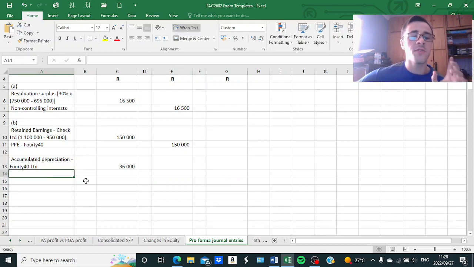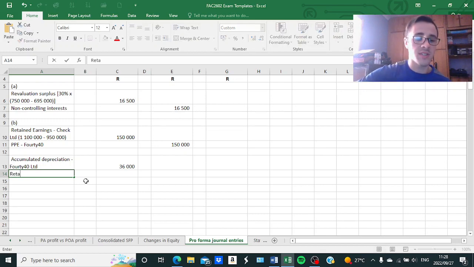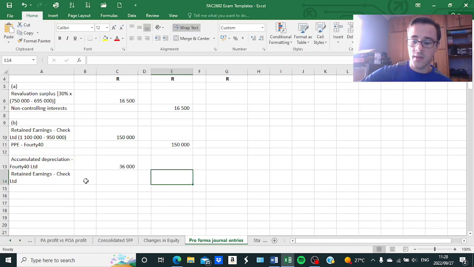Now the first account that we will credit, remember there will be two accounts that are credited. Firstly, we will credit retained earnings of the company that made the profit. In this case it was Czech Limited, and this one will be by the amount of 7,500, because 7,500 worth of unrealized depreciation relates to the previous period.